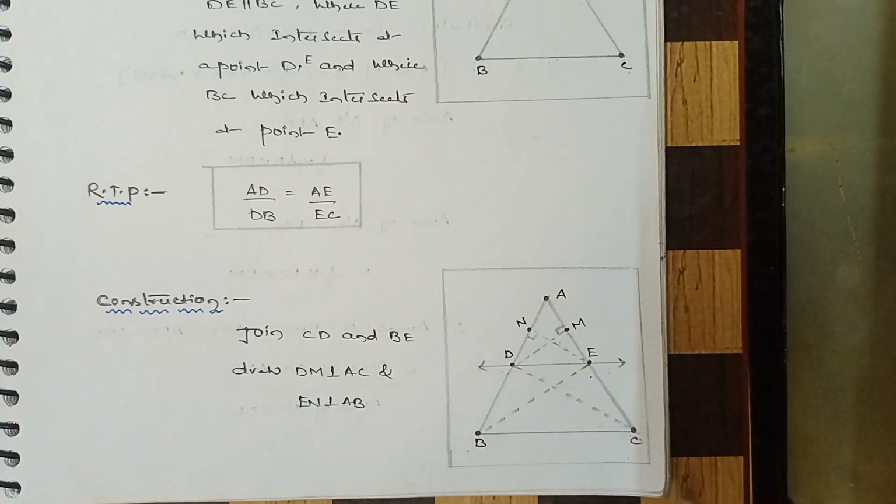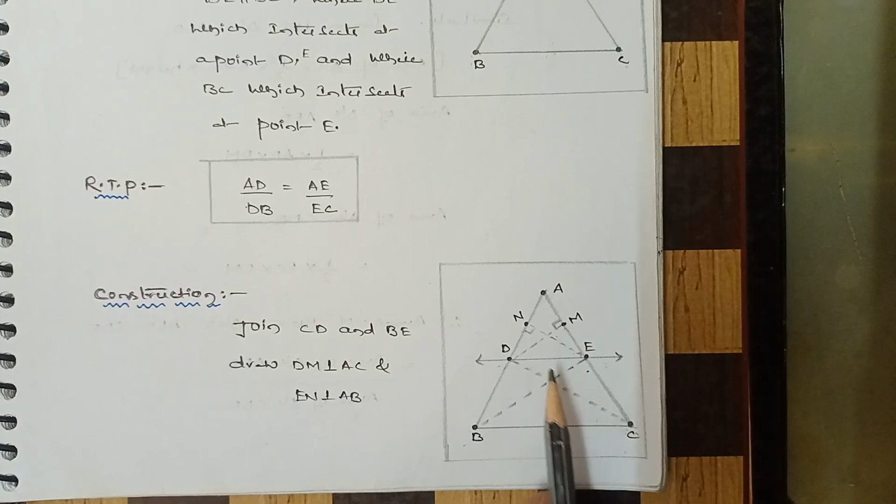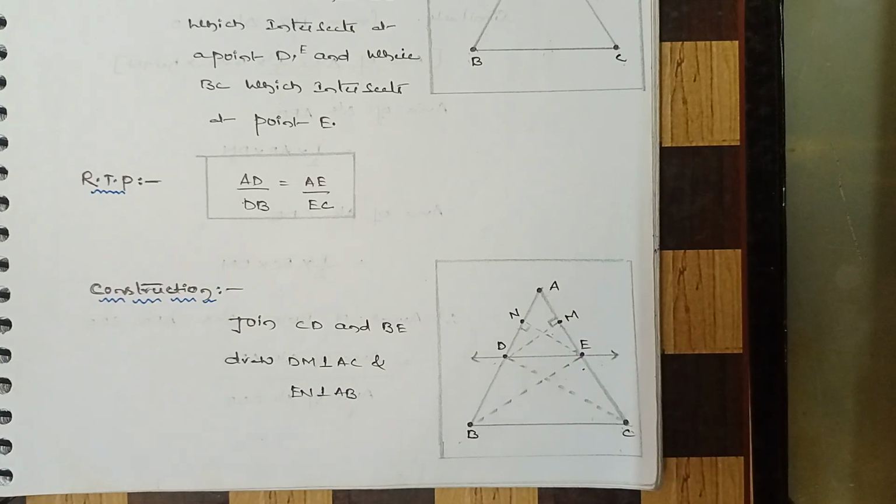After drawing those perpendiculars and joining CD and BE, we get the perpendiculars DM and EN. Okay, let's continue.